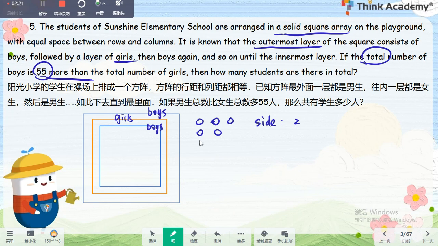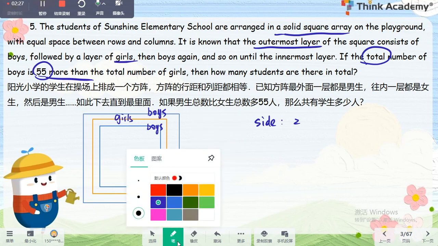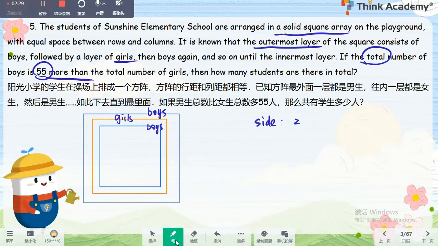And for a layer, because one layer has 4 sides, except for the innermost 2 layers of the square array, where the difference is 7, for the other layers the difference between sides is 2.